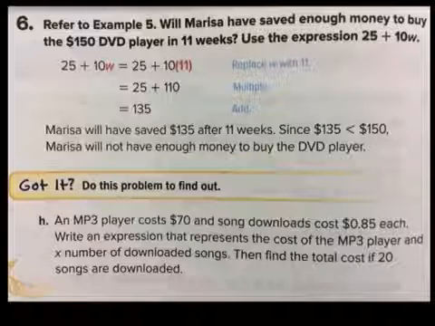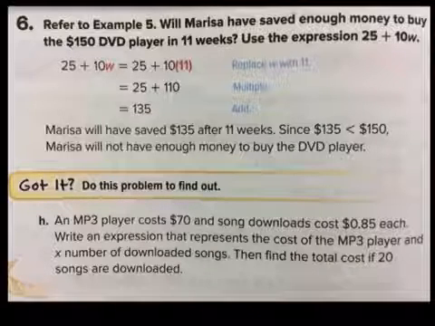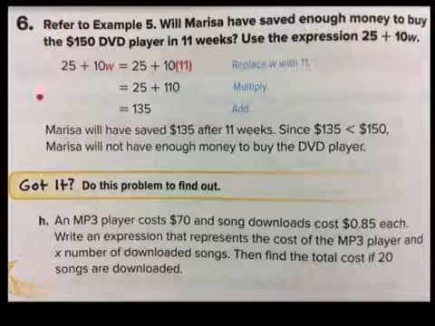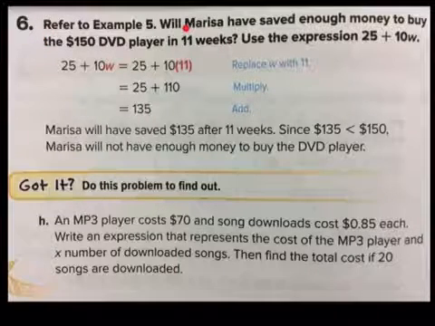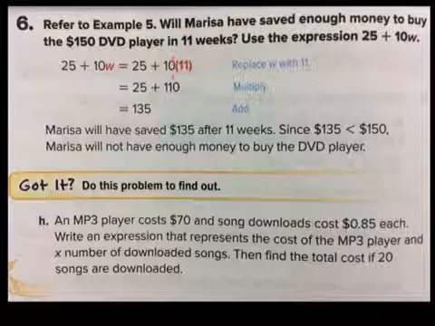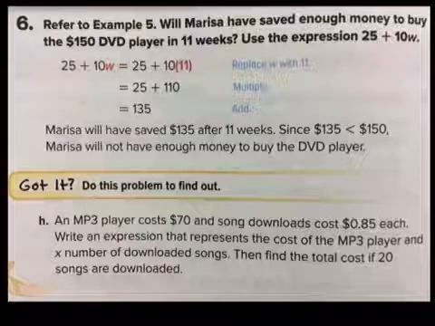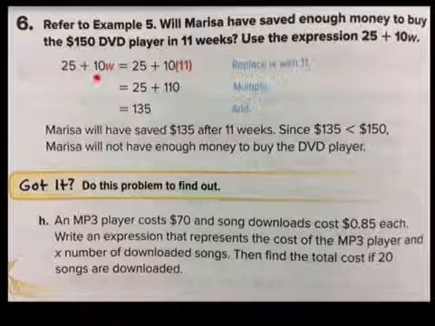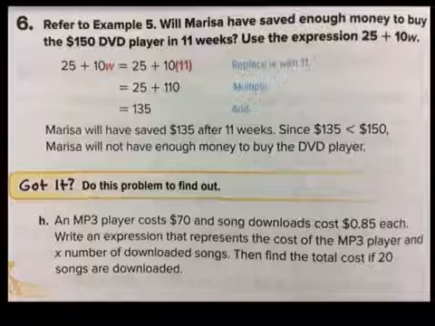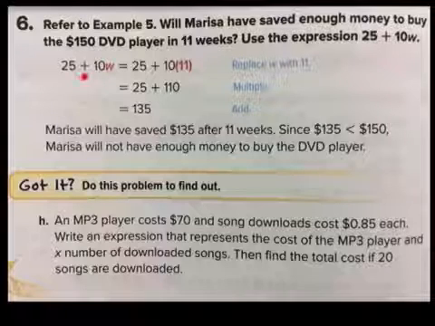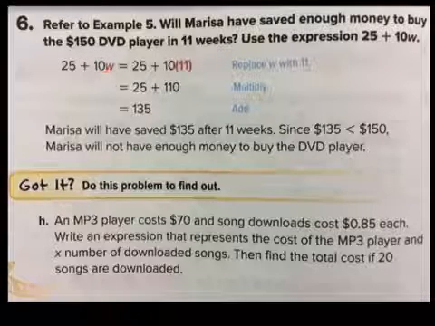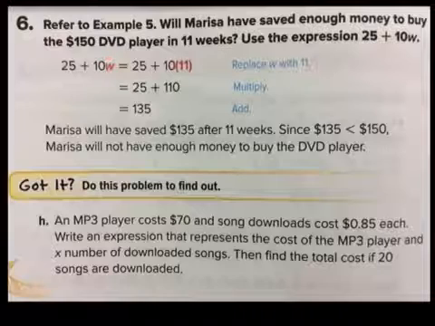We go on to use that same context as an example for number 6, and now we can solve it. We understand that it's 11 weeks, so we're going to take that W and replace it with the number 11. Okay, so 25 plus 10 per week is being replaced, and weeks being replaced with 11.